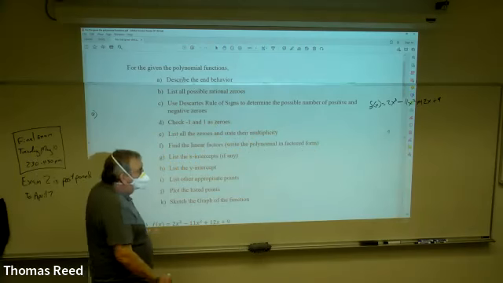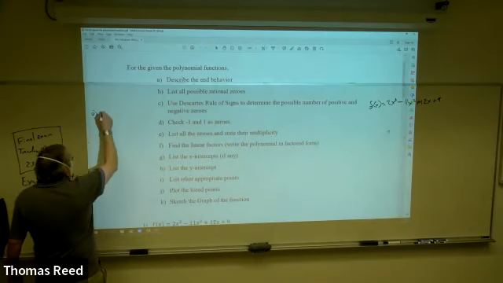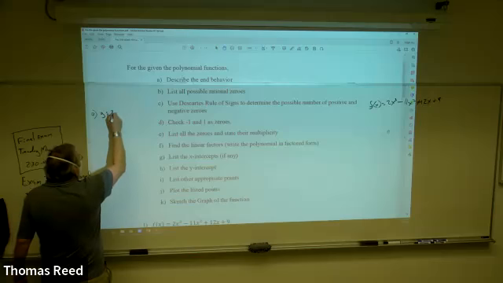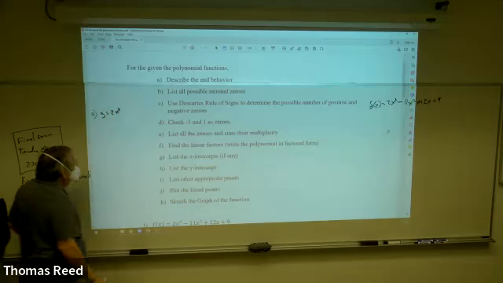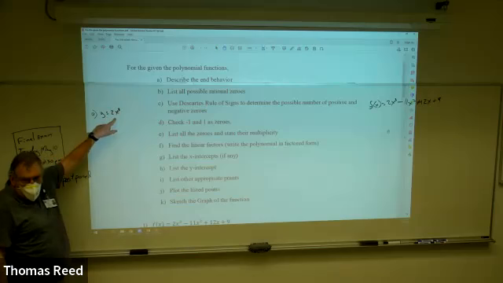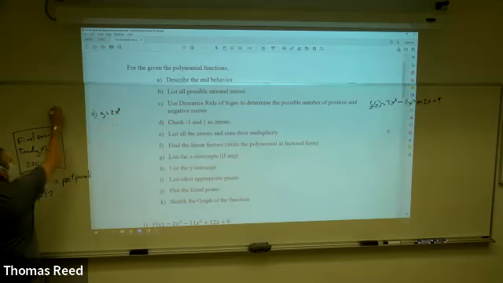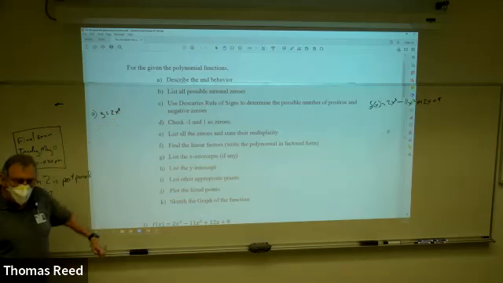To describe end behaviors, I look at y equals 2x to the third. I look at the first term. What happens with the end behaviors? As you go to the left, what are the y values doing? As x goes negative, what happens?